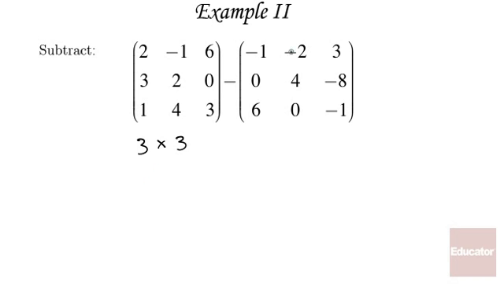Here I have 1, 2, 3 rows and 1, 2, 3 columns. So this is also a 3 by 3 matrix. So it's a square matrix since it has the same dimensions in both directions. Therefore, I can subtract these. So when I go ahead and subtract, I'm going to get a difference matrix that is also 3 by 3.